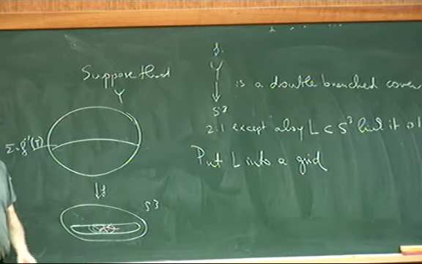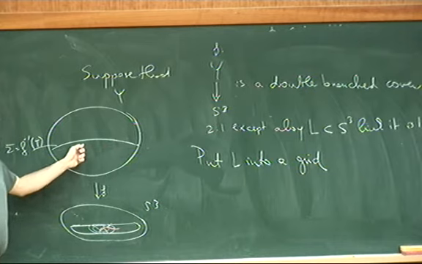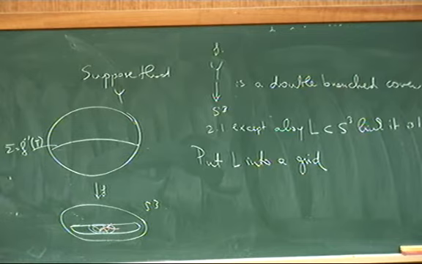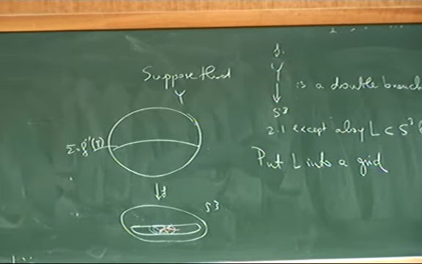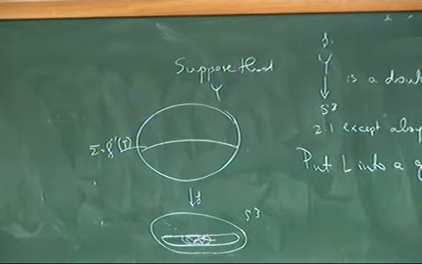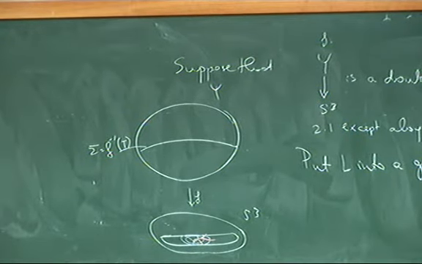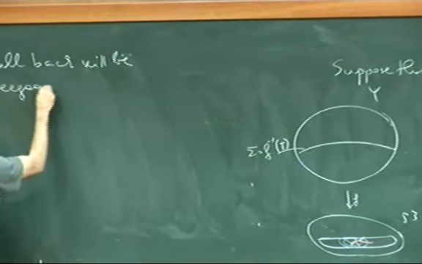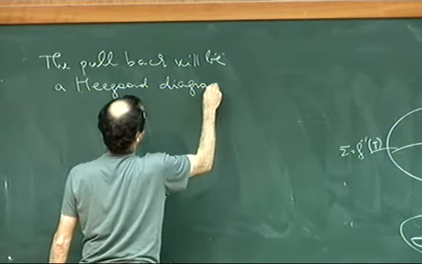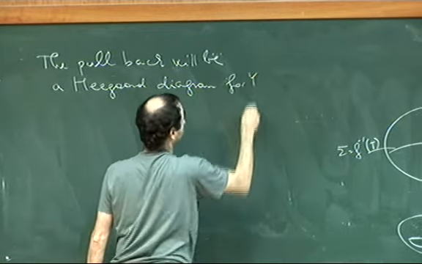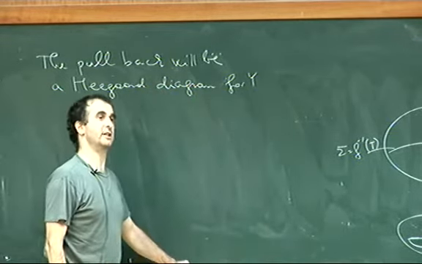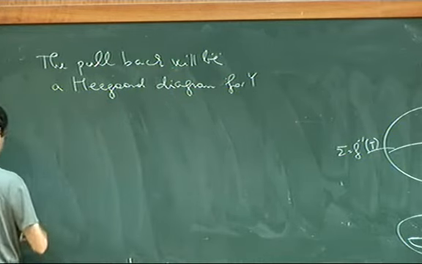The first thing, which is not very hard to check, is that this will be a Heegaard decomposition upstairs. So the pullback will be a Heegaard diagram for Y, but there is a little problem with it, and the problem is that it's not nice at the moment. Why is it not nice?